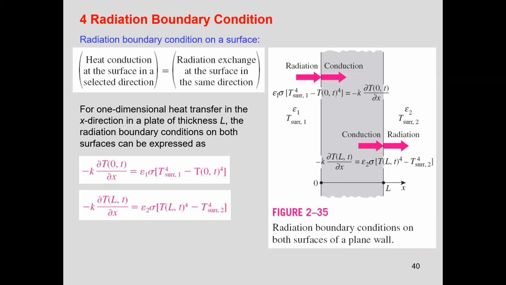For the radiation boundary condition on a surface, the heat conduction at the surface in a selected direction is equal to the radiation exchange at the surface in the same direction. For one-dimensional heat transfer in the x direction in a plane wall of thickness L, the radiation boundary condition on both surfaces can be expressed with this form. This is something that we have discussed in the earlier part of this lecture.